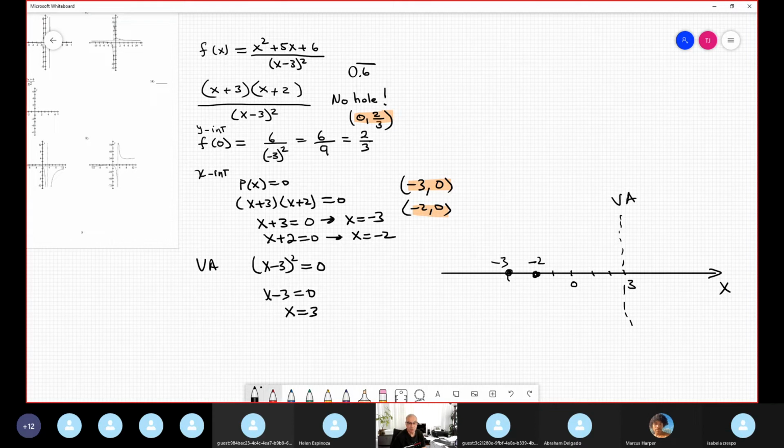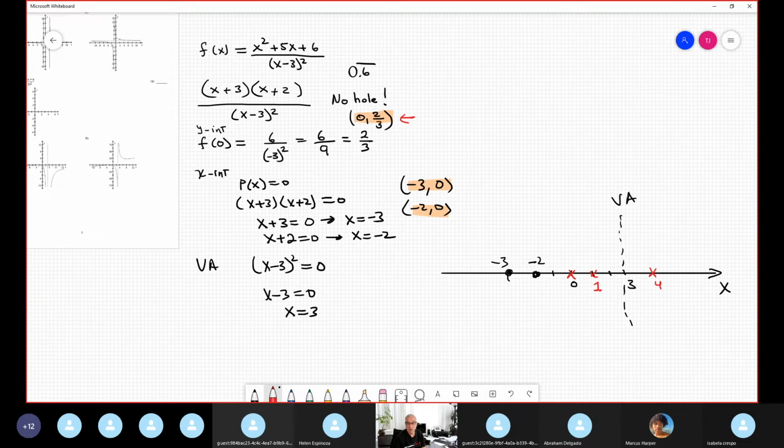See, I need to select points to evaluate after 3, like 4, 5, 6, 7, and between 3 and -2, maybe. Well, I did 0 because 0 is the Y-intercept. You take another, maybe 1, maybe 2.